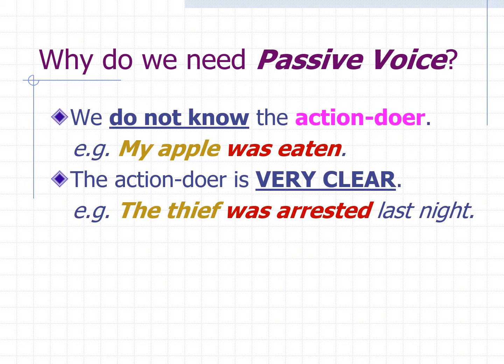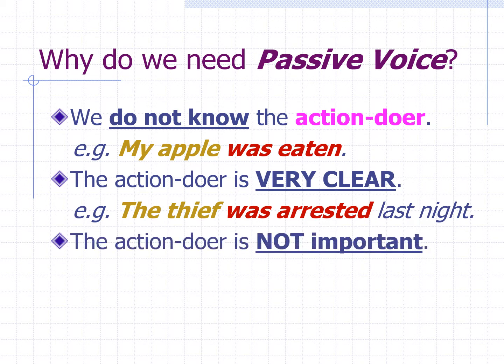All right, so in this situation, because the action doer is too obvious, so we don't need to mention it. So we can just make a sentence: the thief was arrested last night, and then everyone would know that it is the police who arrested the thief.